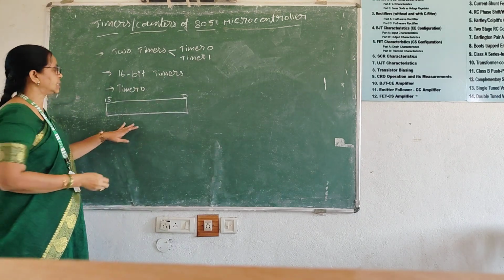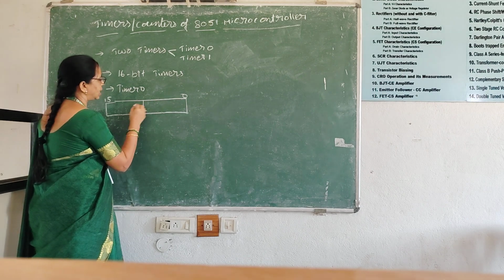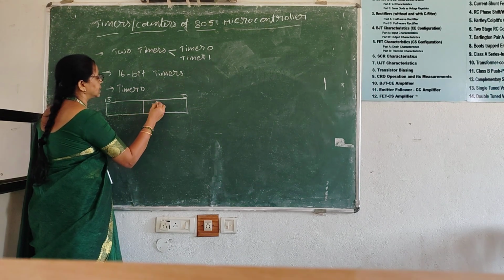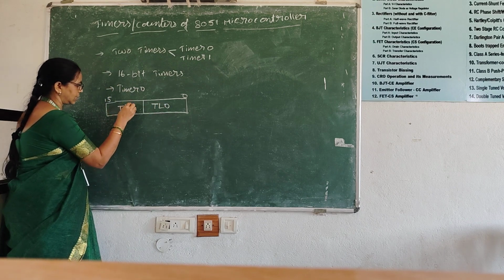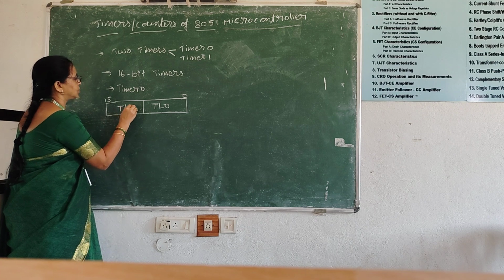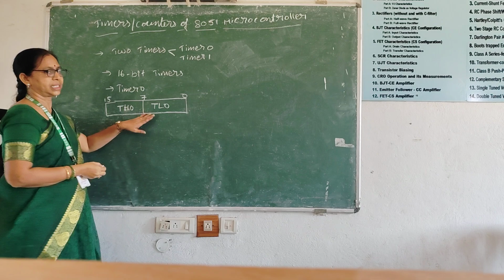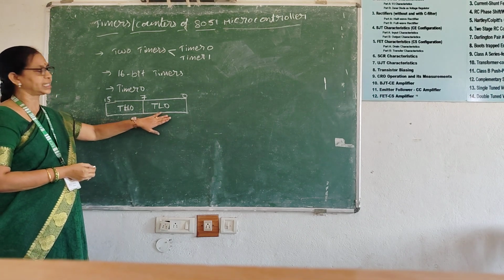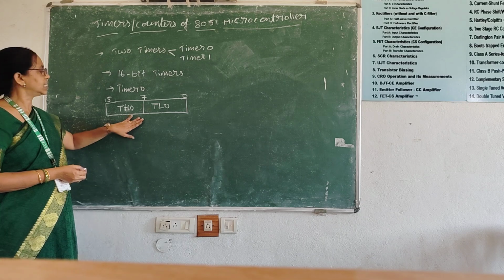We can say it as lower byte and higher byte, named as TL0 and TH0. So bits 0 to 7 are the lower byte. Lower byte is termed as TL0 and higher byte is termed as TH0.